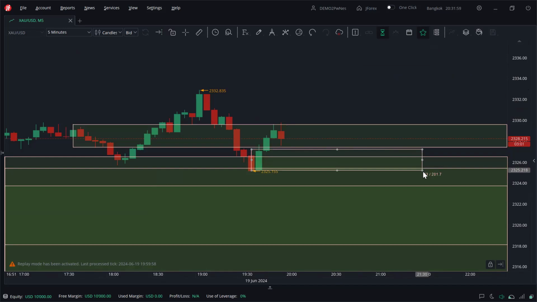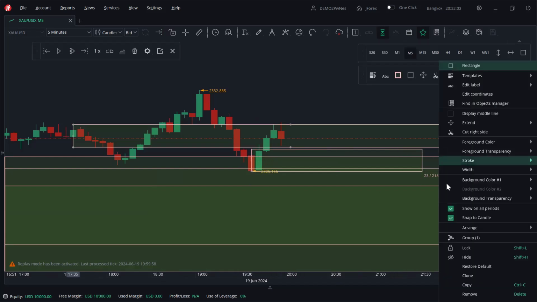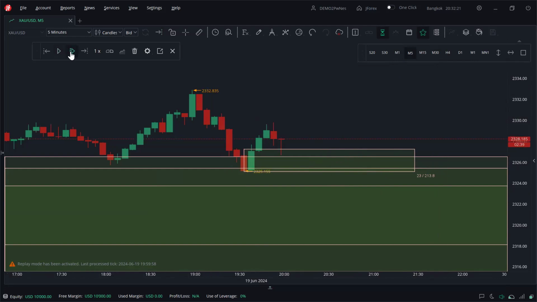If we get inside this, I will remove this just for 1 moment. If we get inside this, technically we could just buy. Or we can go 1 time frame lower to M1 and then get a confirmation in M1. And that's, let me just see, oh, hey, we touch it. So this is a buy.